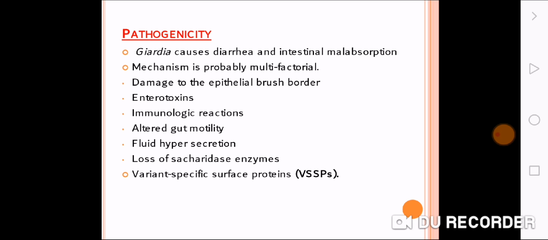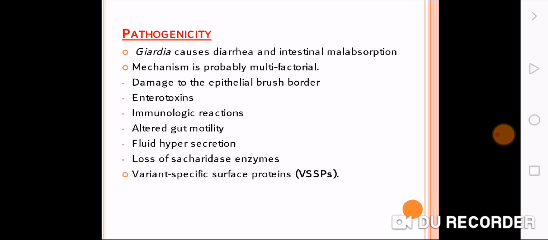There are immunological reactions against this parasite, and against the materials released by these parasites, that can worsen the condition. They can alter gut motility, and they can induce fluid hypersecretion by many substances released inside the lumen of the intestine.